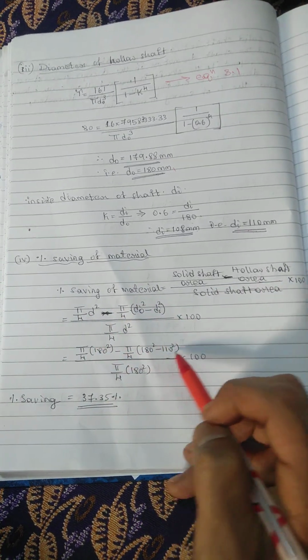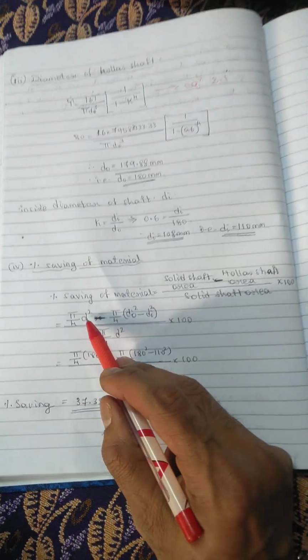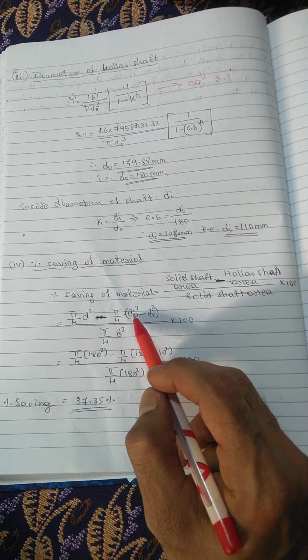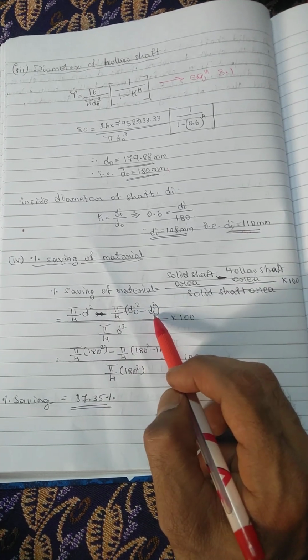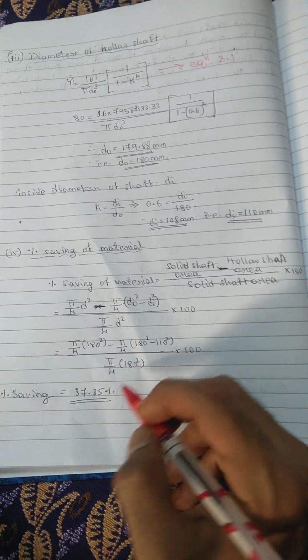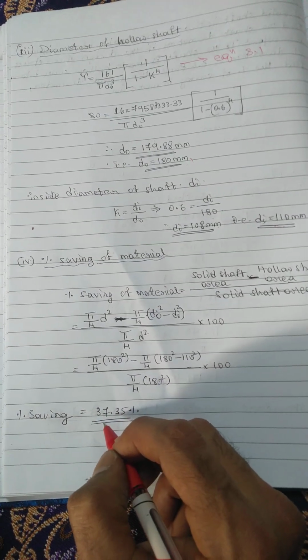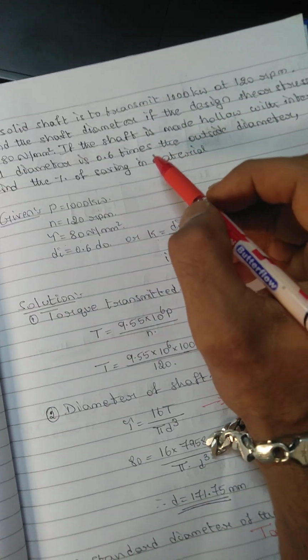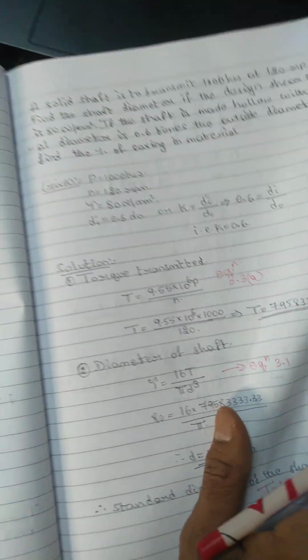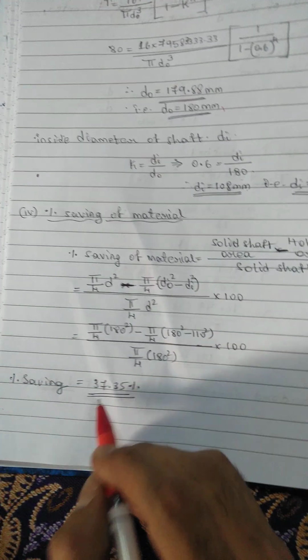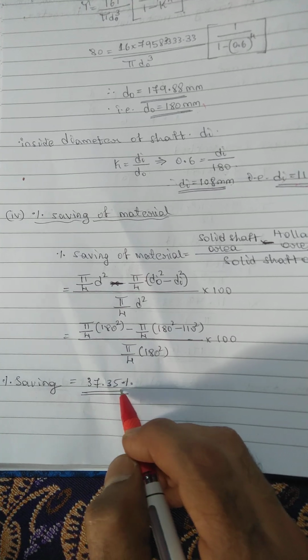Substitute the values: we have the solid shaft diameter, the outside diameter and the inside diameter of the hollow shaft. If we remove this amount of material from the solid shaft, the percentage saving of material will be 37.35% for this given problem.